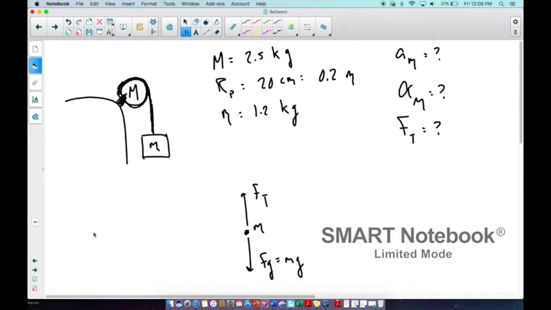I need to draw a free body diagram for my pulley, and this time the shape matters. This is an extended object that is going to be rotating. So let's think about the forces that matter. I could draw the force of gravity on it right now. Really important for you to note, the force of gravity always acts on the center of mass of the object.